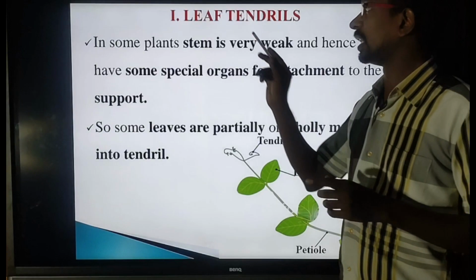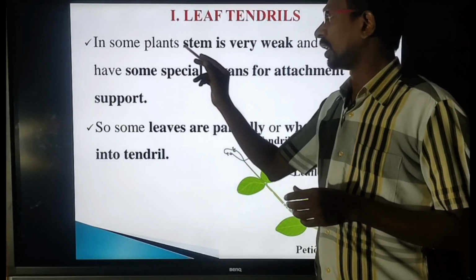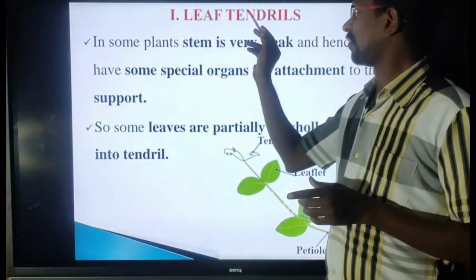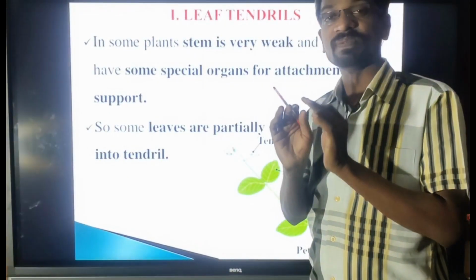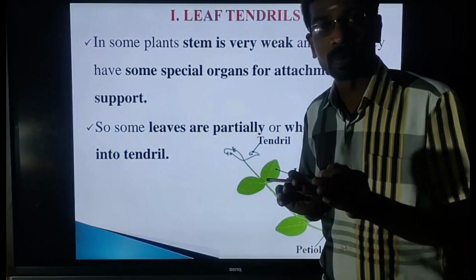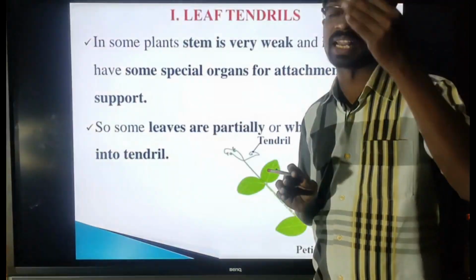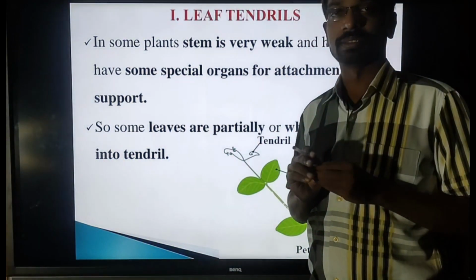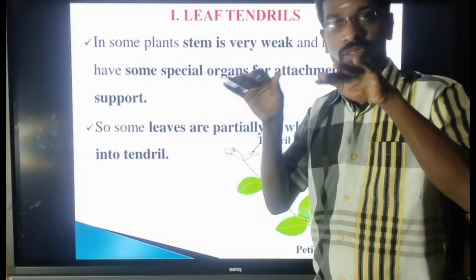First we are going to see the leaf tendril. In some plants, the stem is very weak, so the leaf tendril is common for weak stemmed plants. A weak stemmed plant is not able to grow erect, meaning it does not grow straight, although it grows above the soil level.